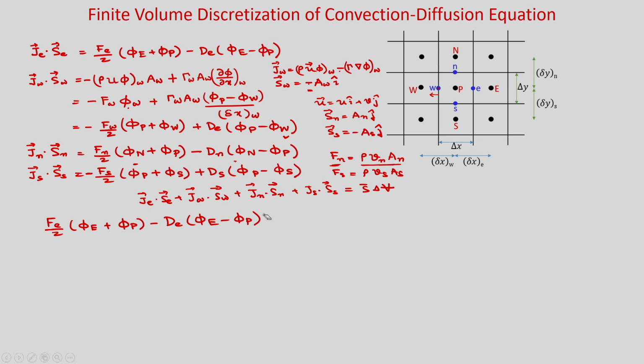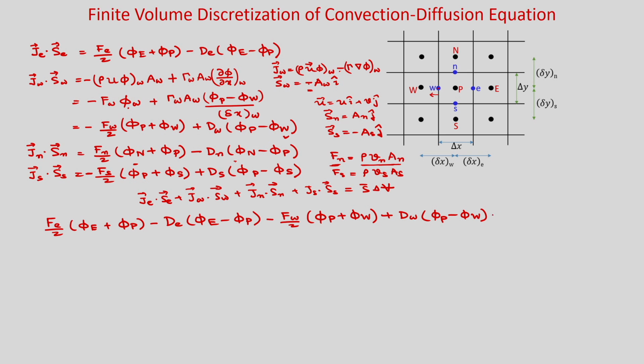So, you can write minus F_w by 2 times phi_P plus phi_W plus, sorry, here it will be d_w times phi_P minus phi_W. So, this is for the west face.